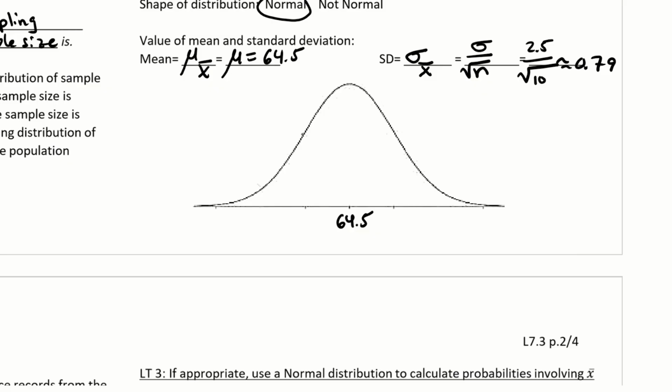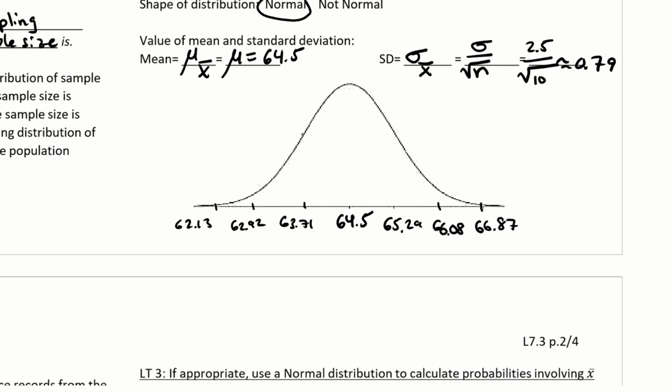So we got 65.29, 66.08, 66.87. Then I'm going to subtract. We got 63.71, 62.92, and 62.13.